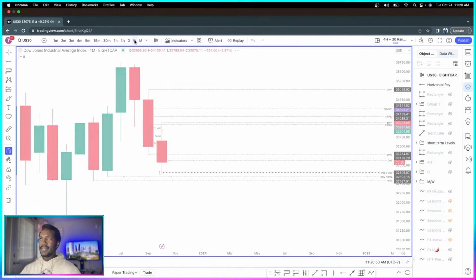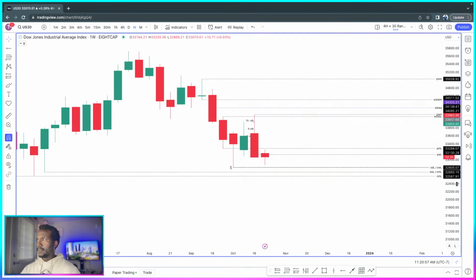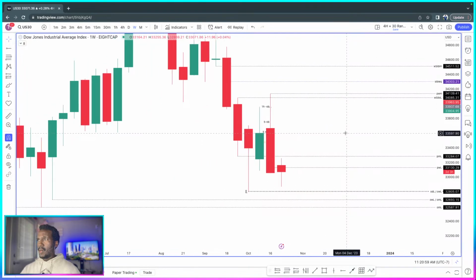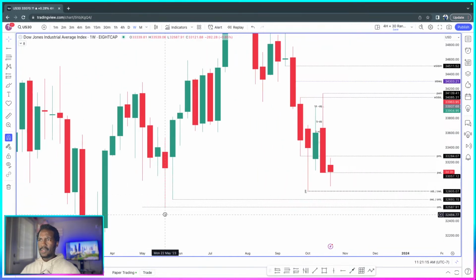So let's go to the weekly and see how it looks. Let's get some space here. The previous week low is right there. Do I need to lock these things? Yes, actually, just lock them so they won't move, because they are too far-fetched anyway. Wow, this is nice.